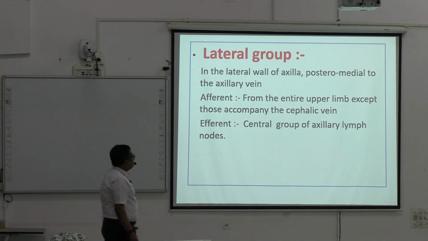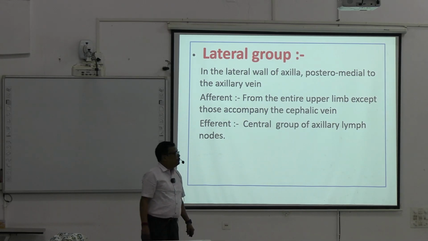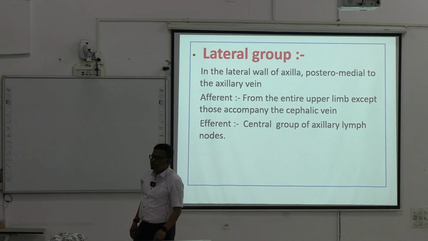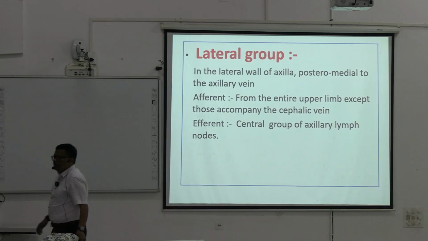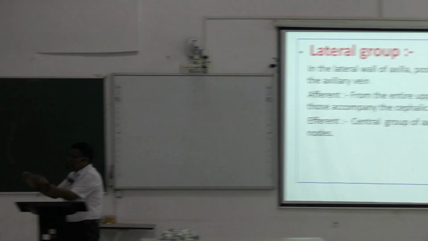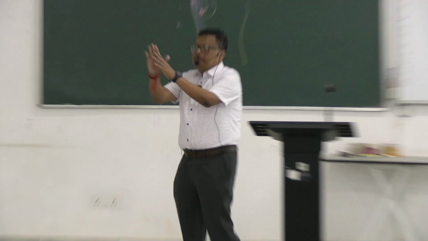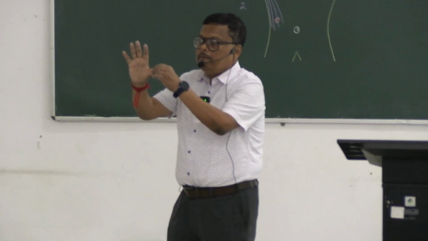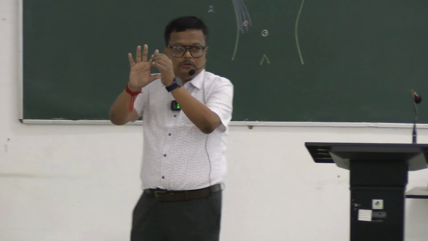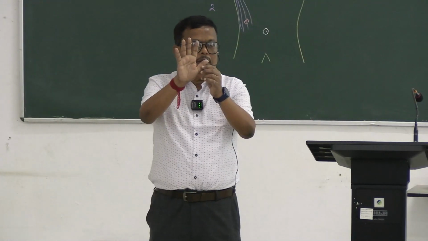Afferents come from the entire upper limb except those accompanying the cephalic vein. That is, the entire upper limb except the lateral part, meaning the thumb and index finger. Hear me properly.